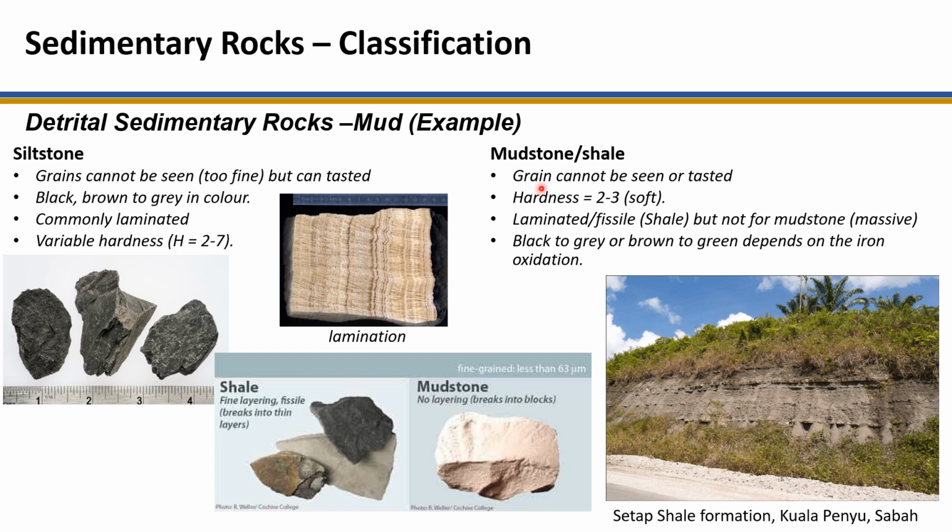And mudstone is a detrital sedimentary rock that is made up of clay size grains, diameter less than 0.004 millimeter, of minerals such as quartz, feldspar, and clay minerals. So the grains are typically cemented together by quartz, calcite, and iron oxide, similar to siltstone.